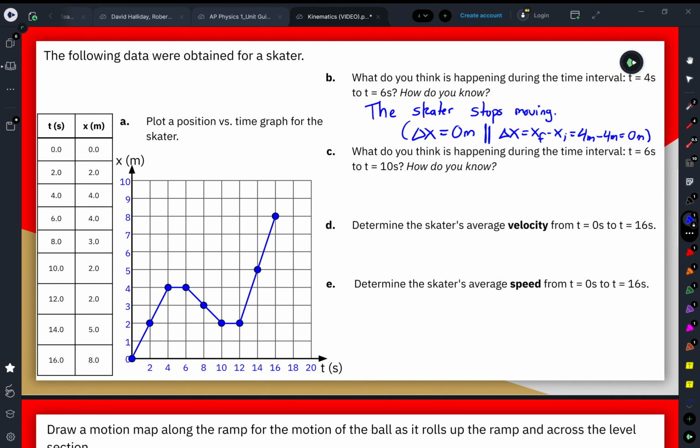The skater stops moving. So for part C, what do you think is happening from the time interval t equals 6 seconds to t equals 10 seconds? So 6 to 10 seconds. Well, the skater is going back towards its starting position, or the skater is traveling in what we can define as the negative direction.